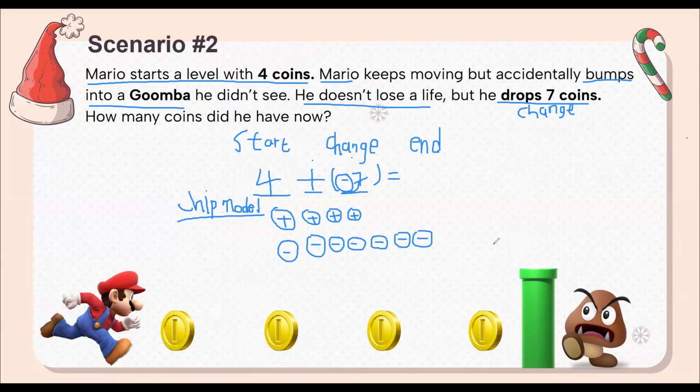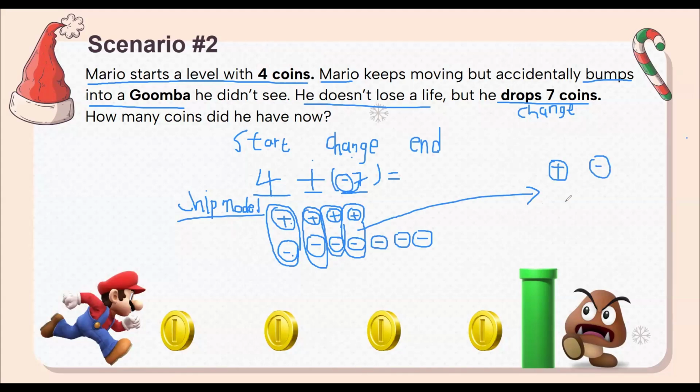So here we have another strategy. Every time you see a positive and negative sign, we're going to group them together by circling them. If you take one of these pairs, we have a positive and negative sign, which represent a positive 1 and negative 1.